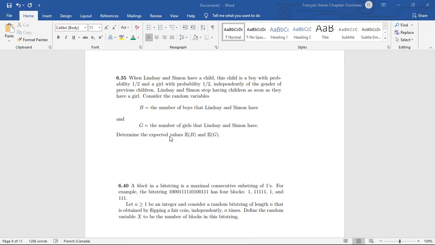Here, if I find the expected number of children that I could have, can I then multiply this expected number of children times the probability of having a boy? Could I do that? I leave it in the air.